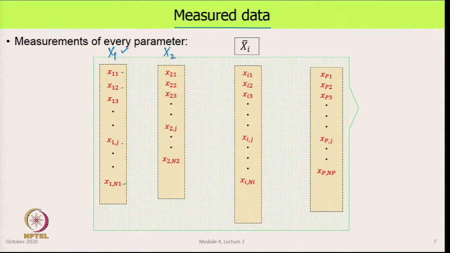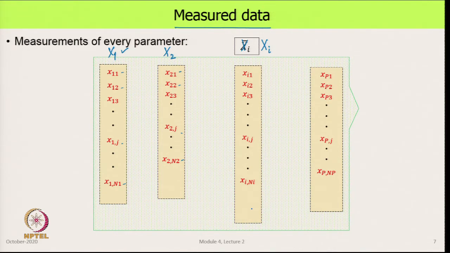Similarly, for every other parameter in the experiment, we took that number of measurements. They may be same, they may not be the same. For the ith parameter, so this should be only xi, we have xi1, xi2, xij, xini.